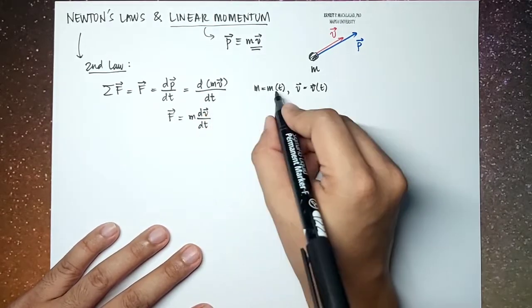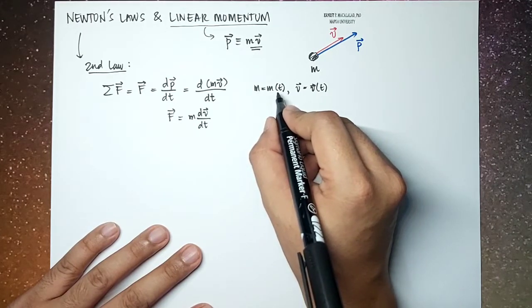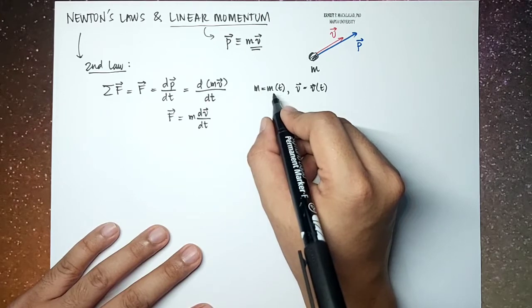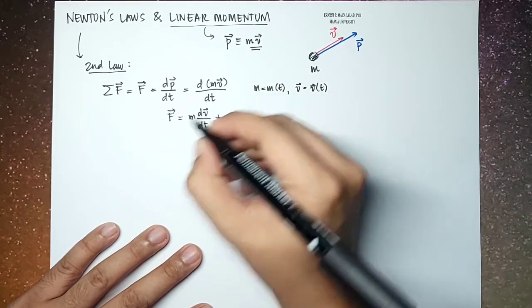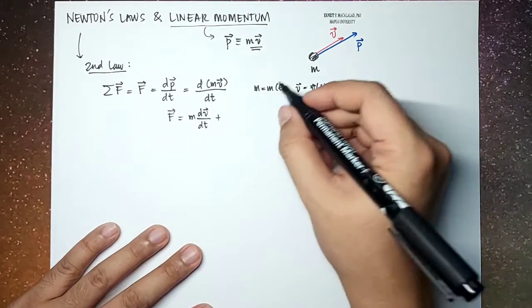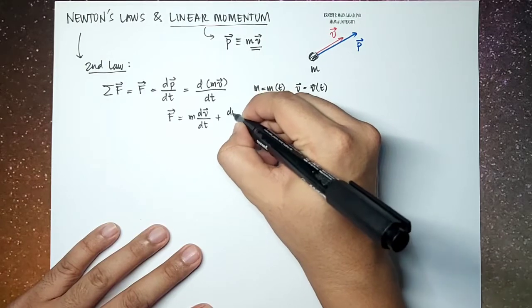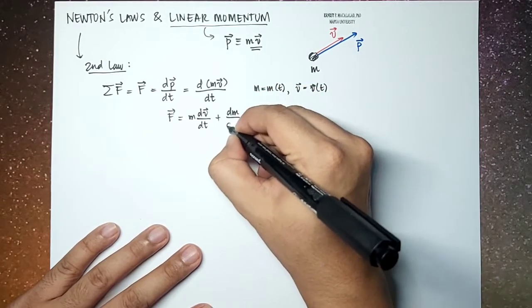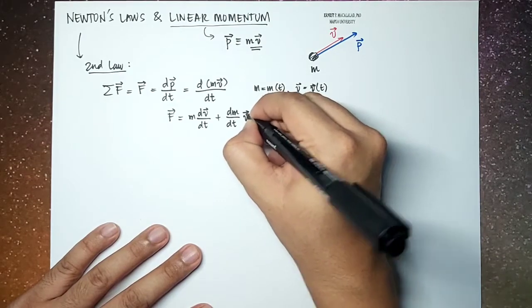But since here the mass is not constant in time, we must also consider how the mass changes with time. So the second term will be the rate of change of the mass as the mass undergoes motion times the velocity itself.